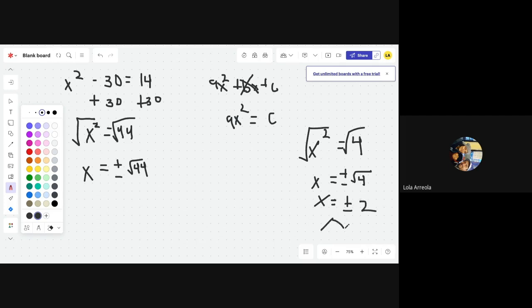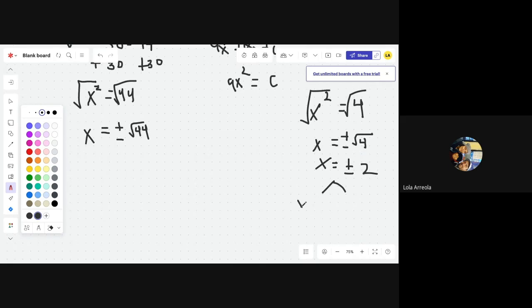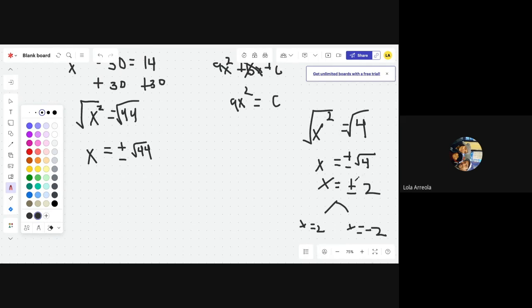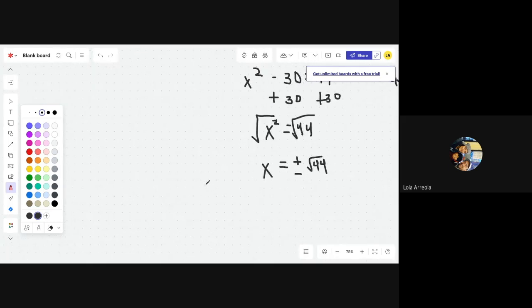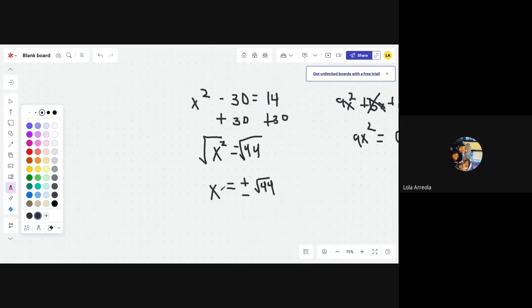It's saying x equals 2 and x also equals negative 2. So I have 2 solutions for x. Notice I have the positive and negative version. Okay? So that's the same case here.